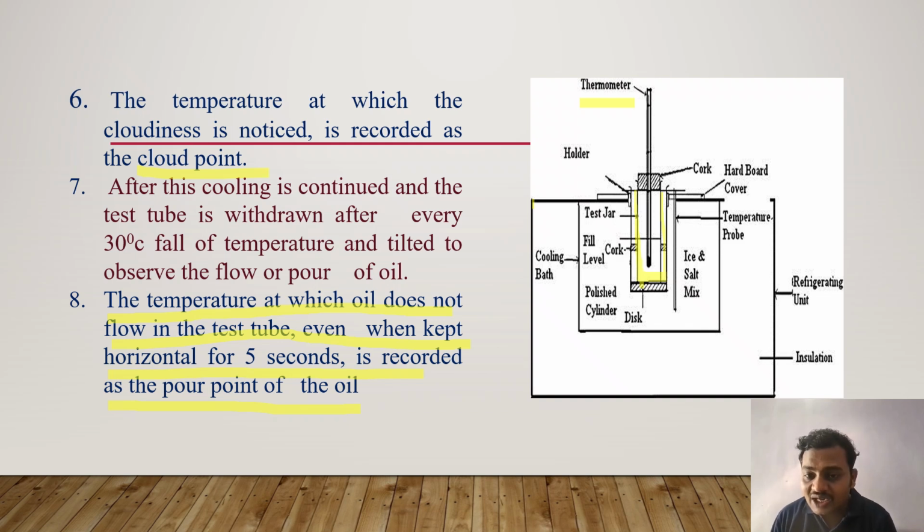It is inserted in the ice and salt mixture. This mixture decreases the freezing point and for that purpose it is used. And overall this is kept in the unit which is called refrigeration unit, which has insulation. So we get first cloud point and after that we get the pour point.